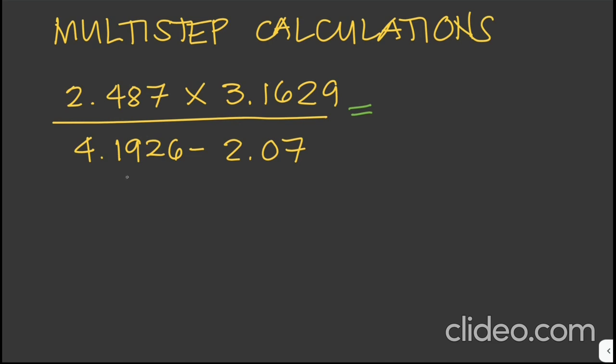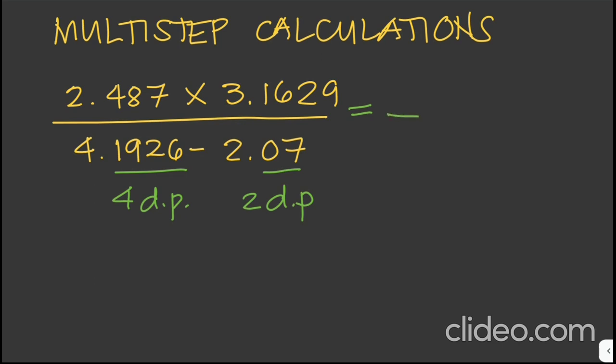The first number has 4 decimal places, while the second one has 2 decimal places. Therefore, the answer for our denominator should have 2 decimal places because this is the least number of decimal places.